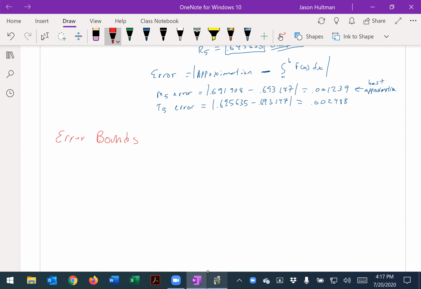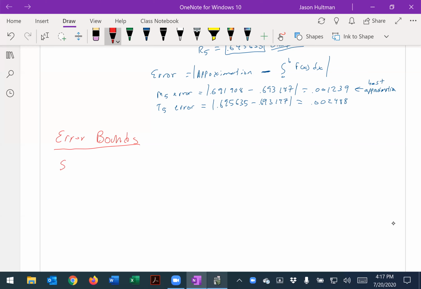I'm going to stop my share real quick and then reshare because it's lagging for me. Okay, let me go back to my screen share. Okay, so error bounds. That's much better.